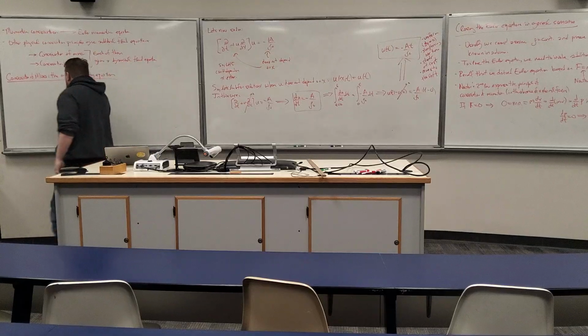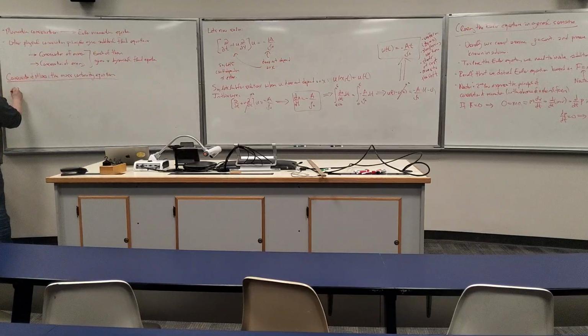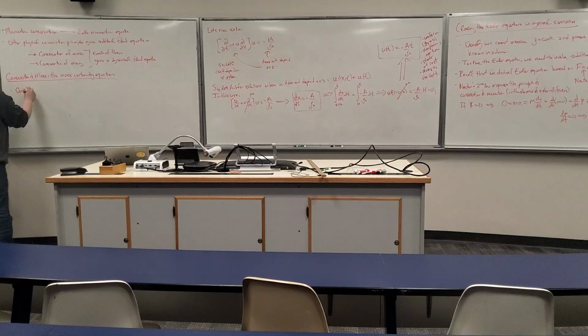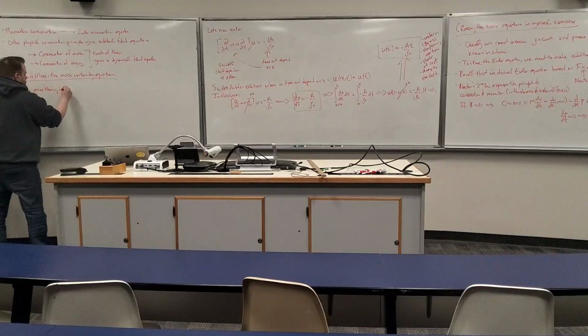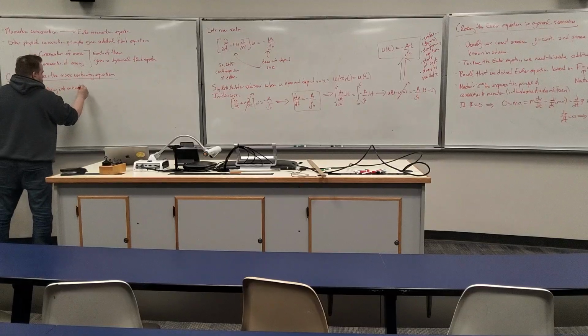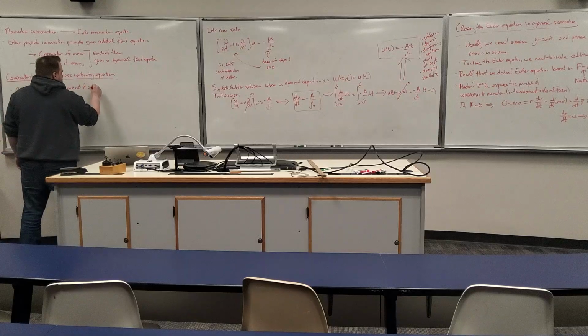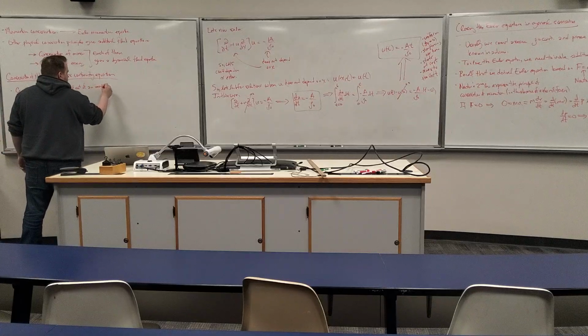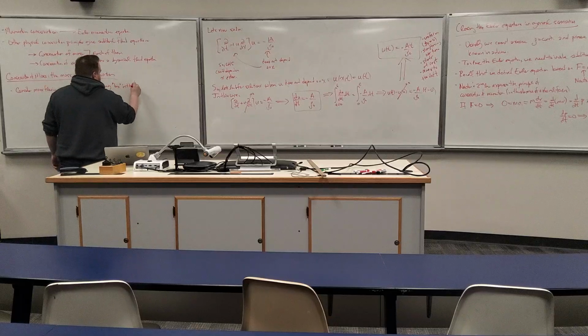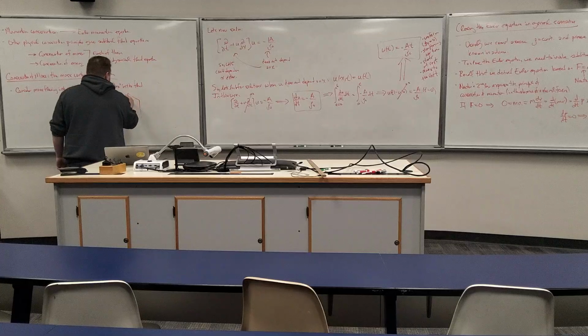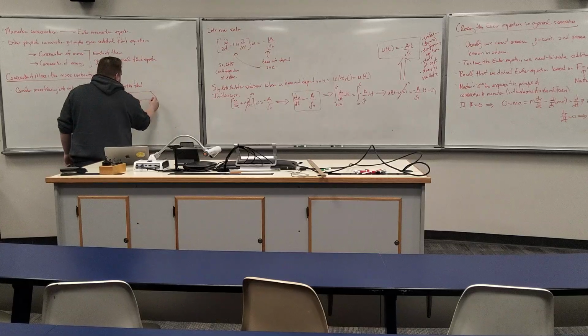So what we're going to do here is consider mass flowing into and out of an imaginary box in the fluid. So we have a box here, and I'm not thinking of this as a fluid parcel.